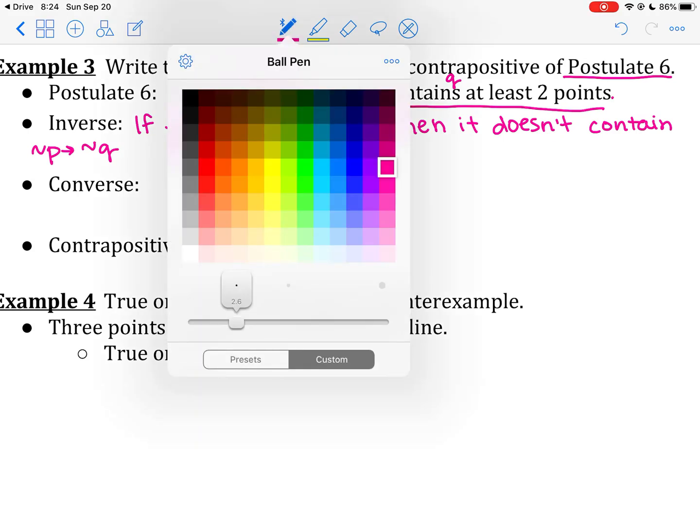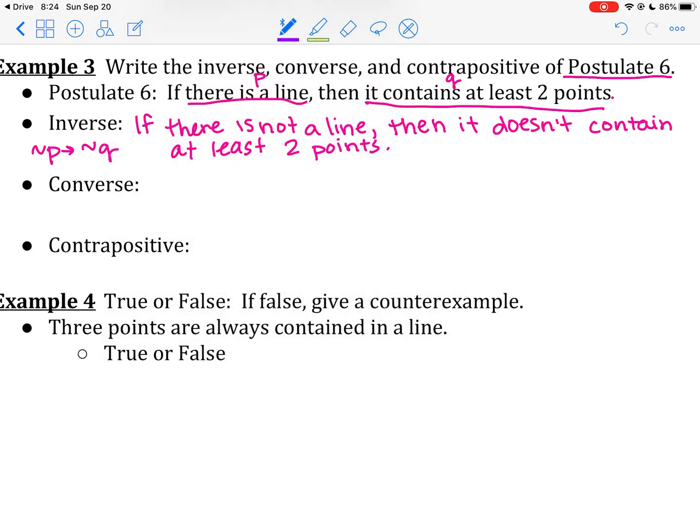All right, so next we're going to do the converse. So the converse was where we switched those two things. So instead of doing P to Q like the original did, I'm going to switch that around and say the second part first and then the first part.